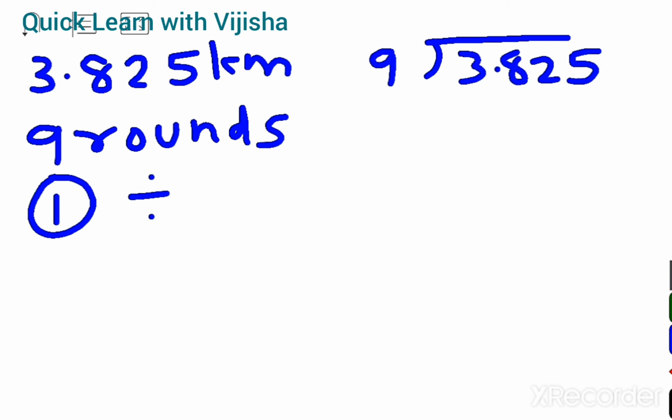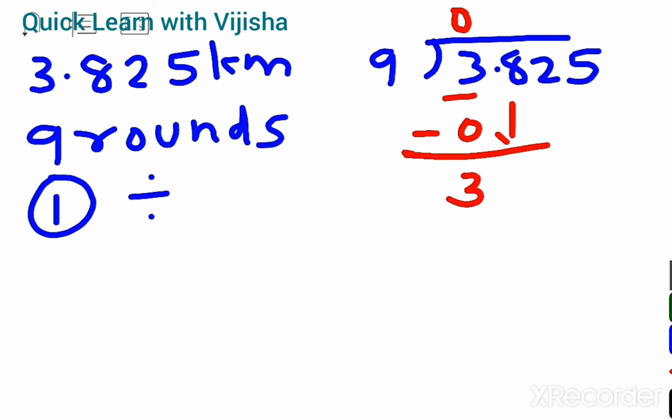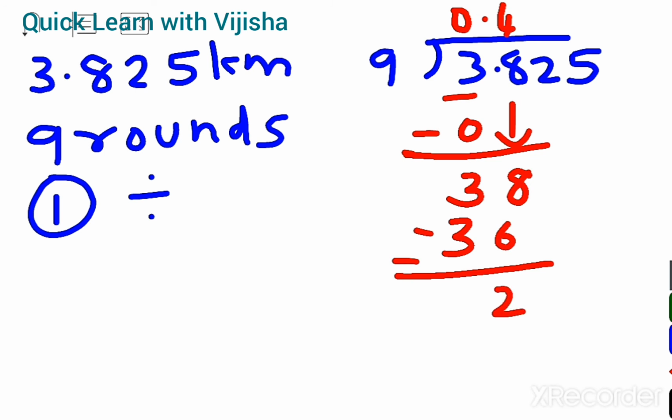9 stable, 3 doesn't go. 9 zeros are 0. So 3 is the remainder. Before carrying down this 8, there is a decimal, so we will put a decimal in our answer. The nearest number for 38 is 9 fours are 36. Understanding, children? Remainder is 2.